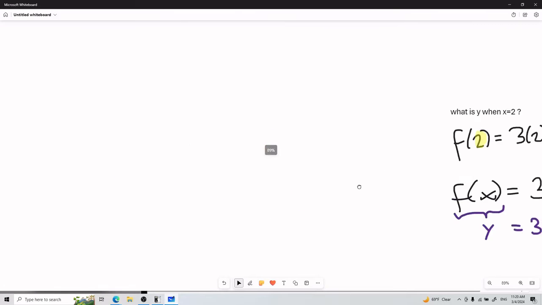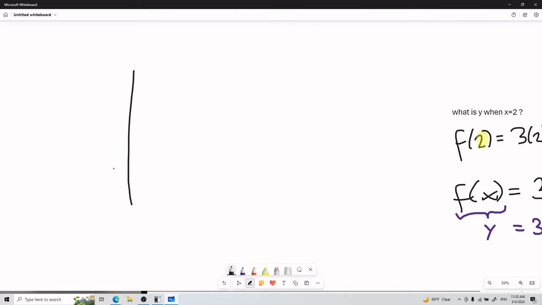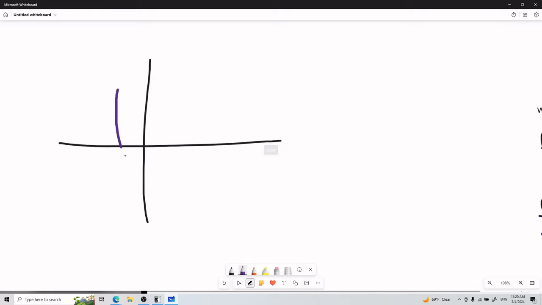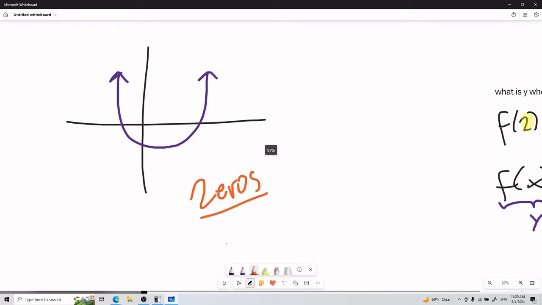Why is this important to know? Because let's say you are solving a parabola, right? Something that looks a little bit like this. And they ask you to find the famous zeros. Okay, the famous zeros are wherever your function touches at x equals 0. Which in other words is the same as finding your x-intercepts, okay?